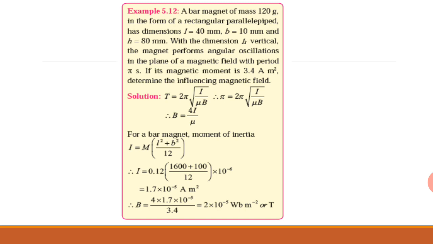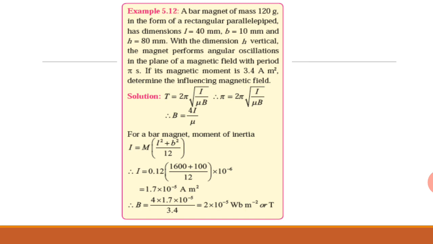So we know that T, the time period for a body performing angular simple harmonic motion, is 2 pi square root of I by mu B. So B can be written as 4 pi squared I by mu T squared. For a bar magnet, the moment of inertia can be written as I is equal to m in bracket L square plus b square by 12.